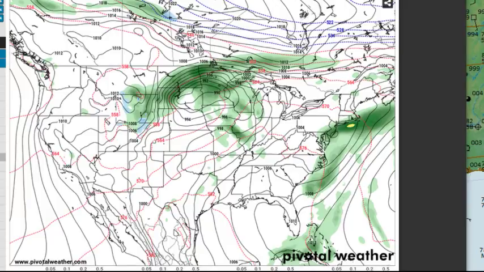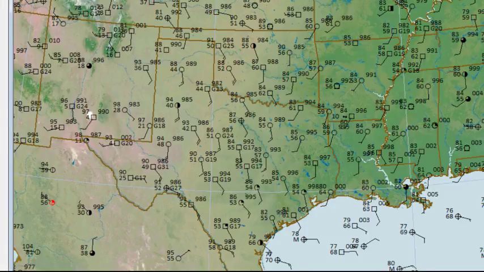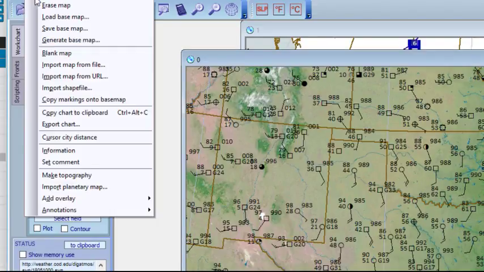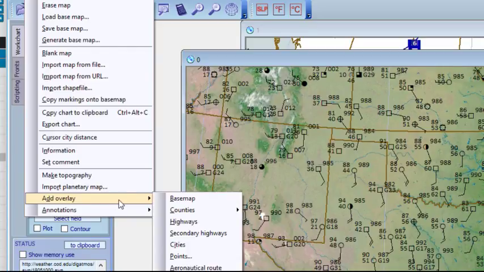I'm not sure. Landscape background for Digital Atmosphere: I think the newer versions may ship with that topography. It's called a planetary map. I'll tell you where to find it at least. Let me go back to that. Yeah, that's going to be under the map window, under add overlay.